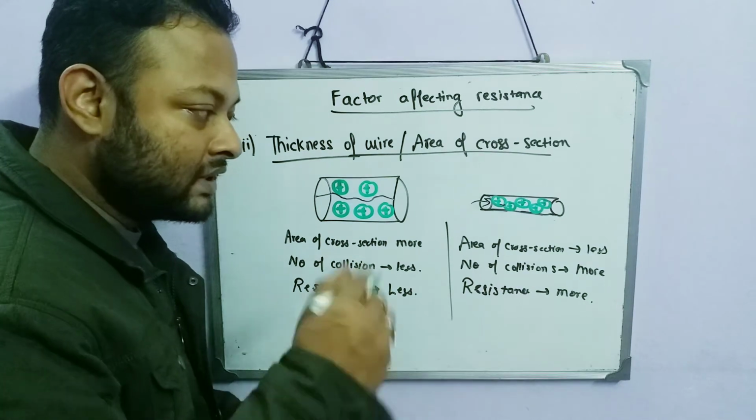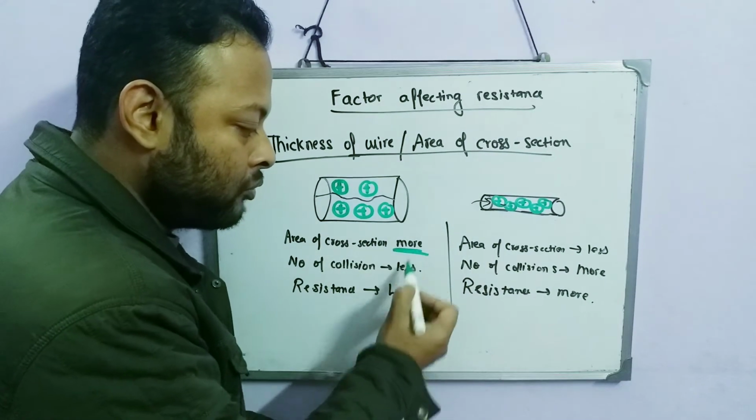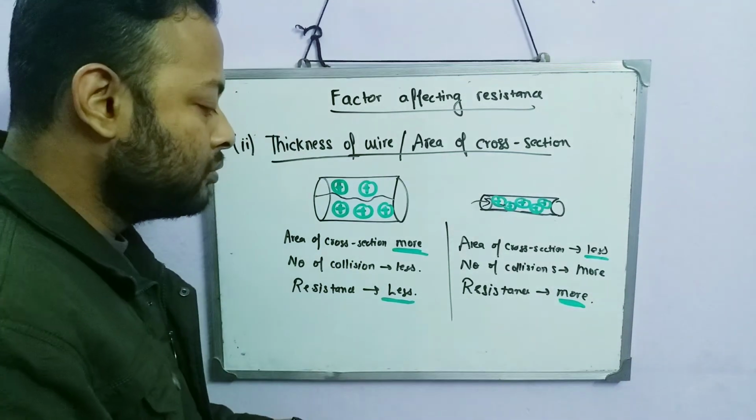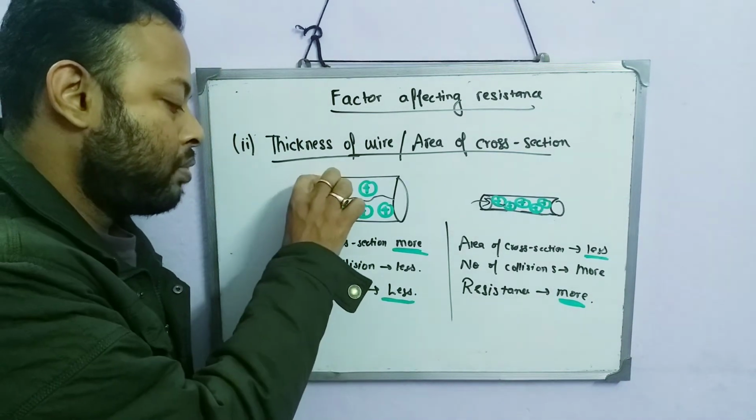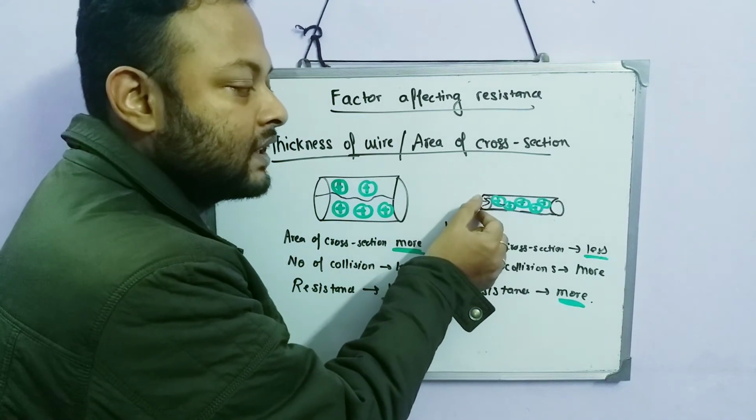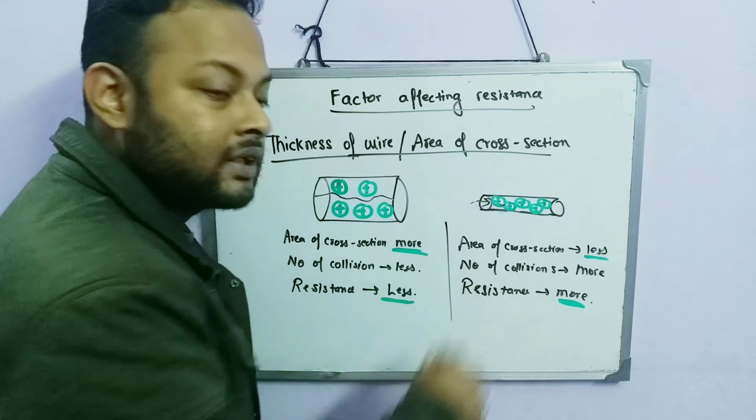So now you have to see very importantly these two pairs: more, less. Over here less, more. So means if area is more, resistance becomes less, and if area is less, resistance becomes more.